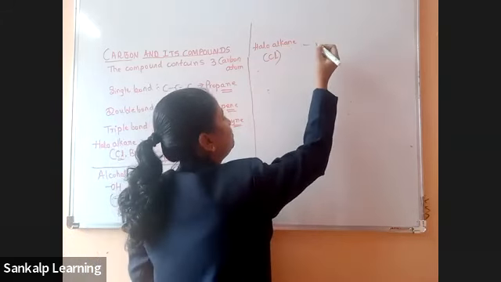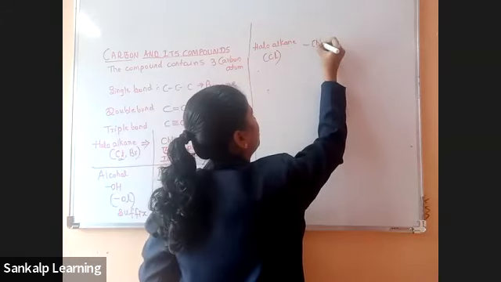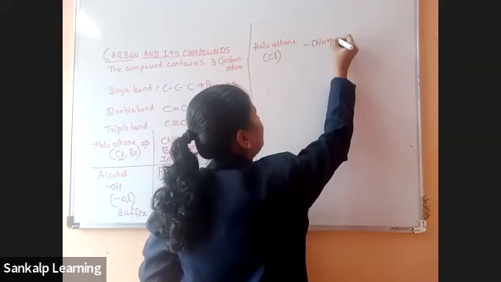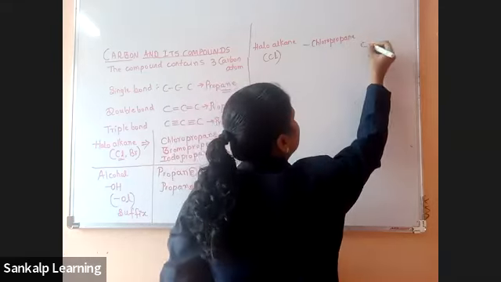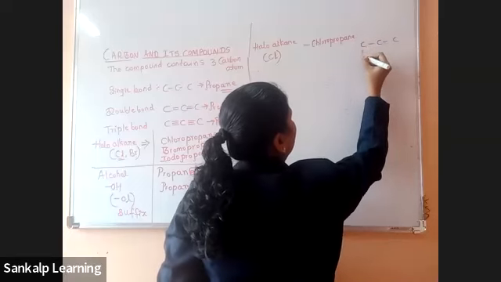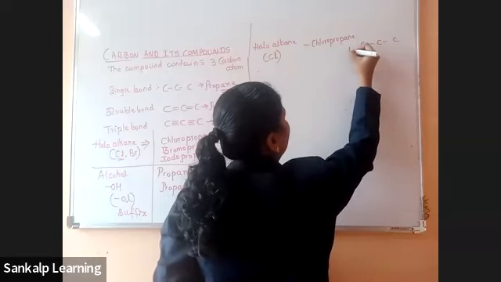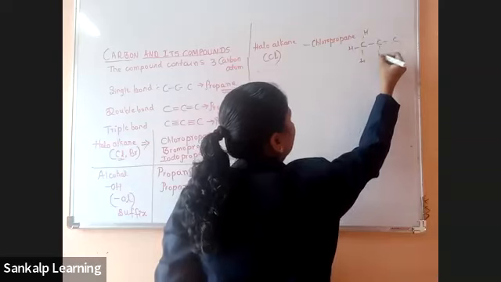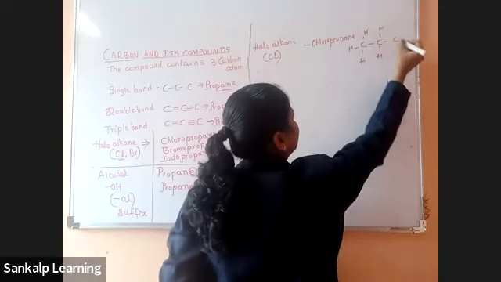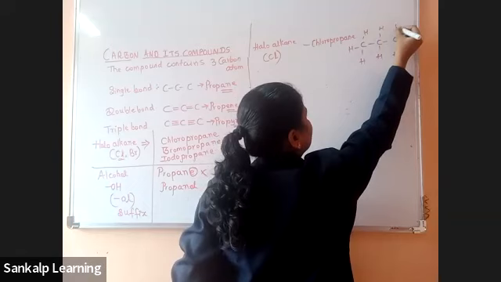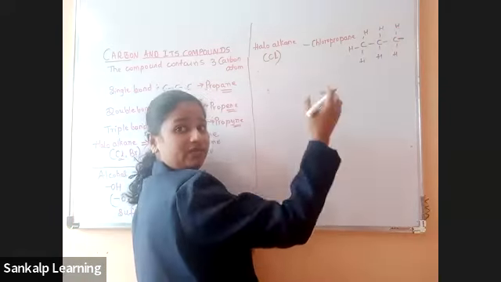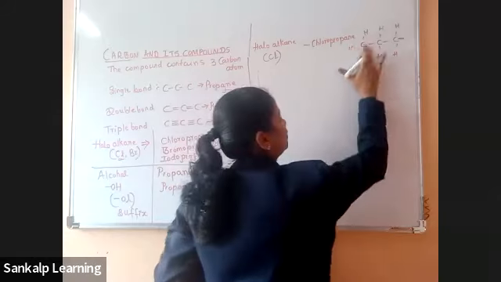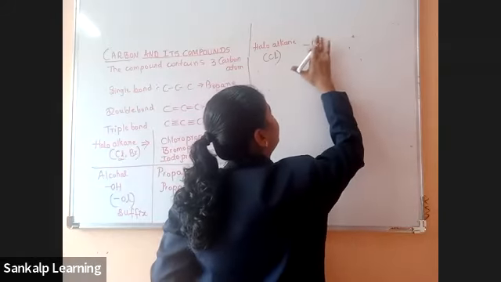So here propane, it is chloropropane, right? Then the structure would be C C C H H H H H H H. Instead of writing here H, that H will be displaced. Okay, it's not visible for you.